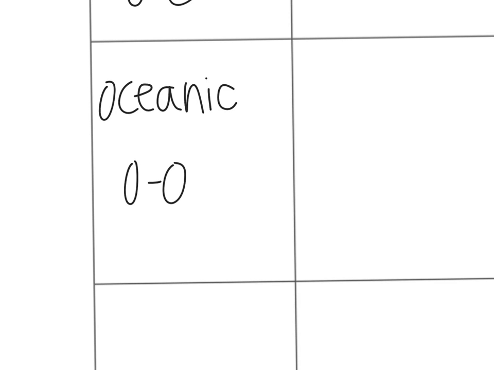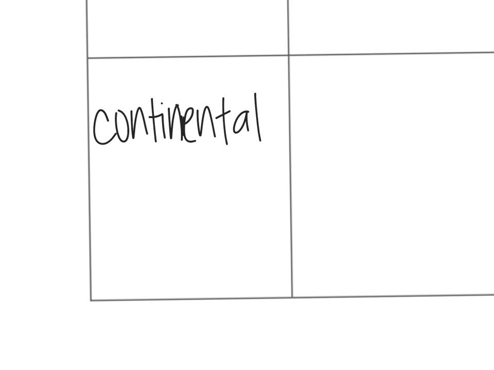The next one is just oceanic, so it can happen in the middle of the ocean between two oceanic plates. And then it can happen in the middle of a continent, the things moving together. Continental, let's do that. CC.